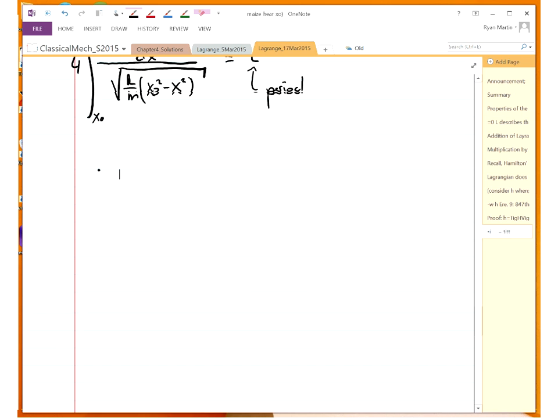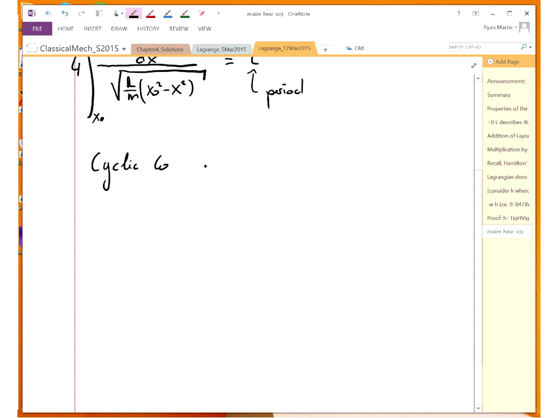Cyclic coordinates. This is a very important concept. So sometimes L does not depend explicitly on some of the coordinates. It'll depend implicitly on the coordinates because L typically depends on all the velocity of the coordinates through the kinetic energy.